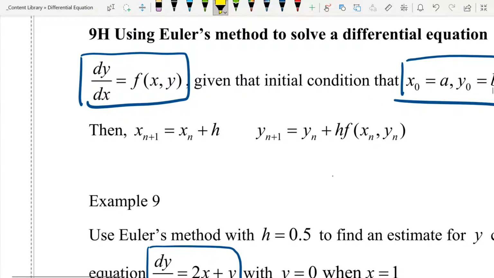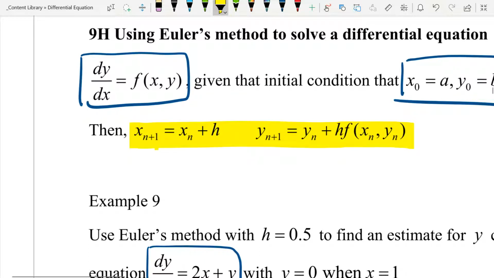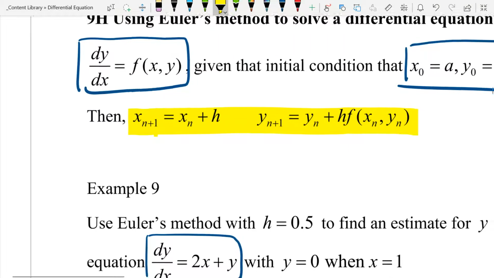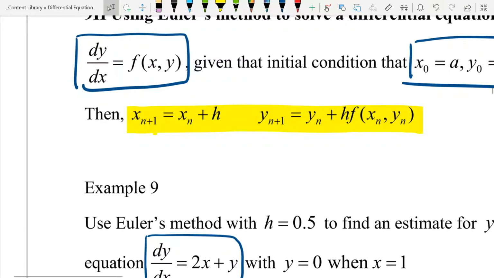Therefore, we have this formula here, which is on the formula sheet as well, which is Euler's method. What that says is the next x equals the previous x plus h, which is how many steps you take. So from 3 to 4, that's the first estimation, 4 to 5 is the next estimation, and then 5 to 6, and 6 to 7. So that takes 4 steps.